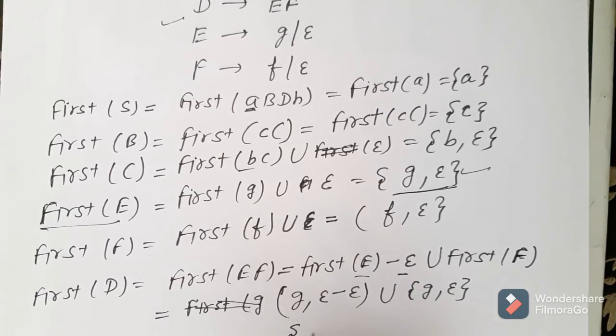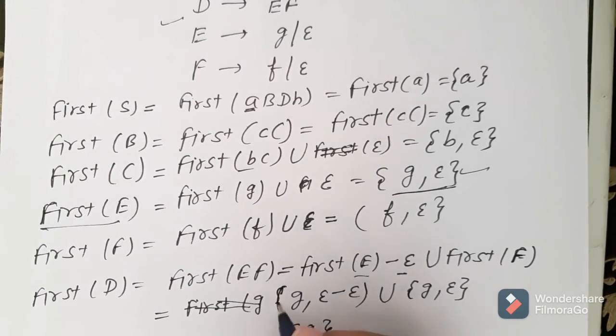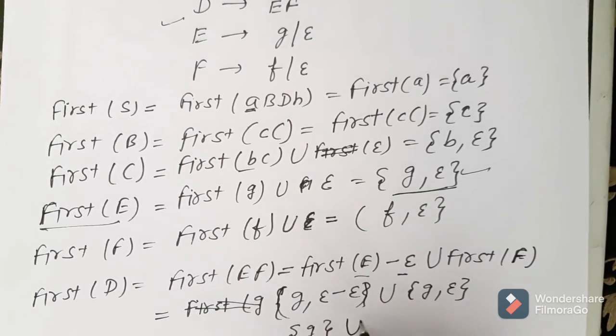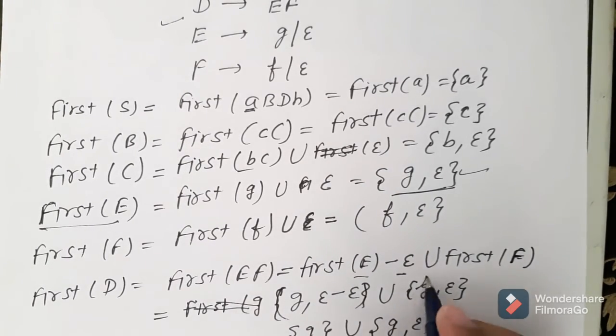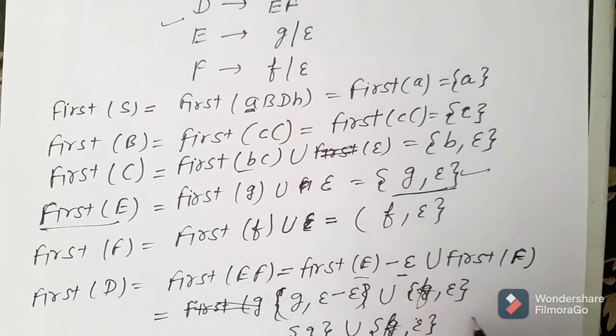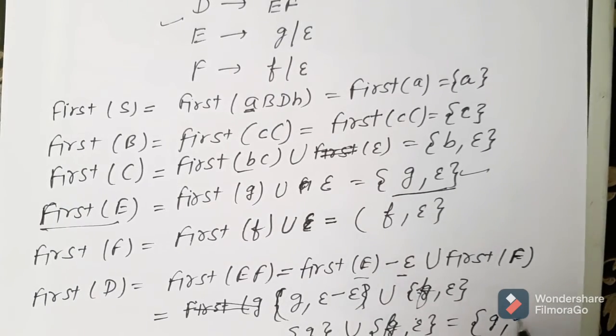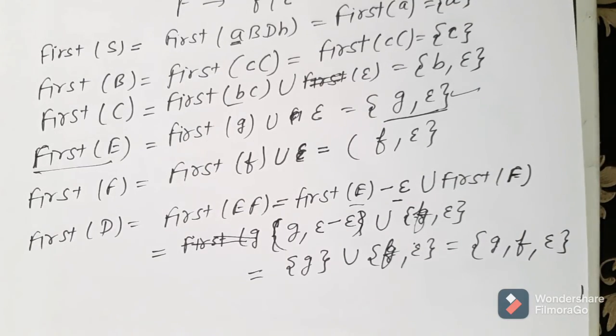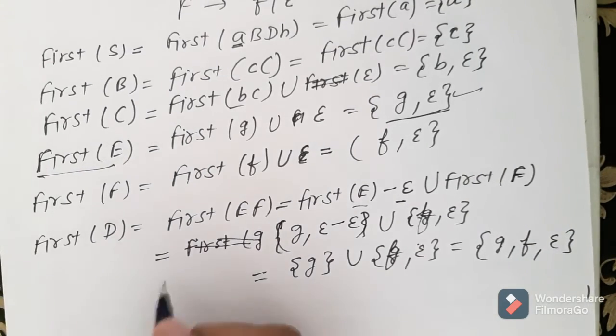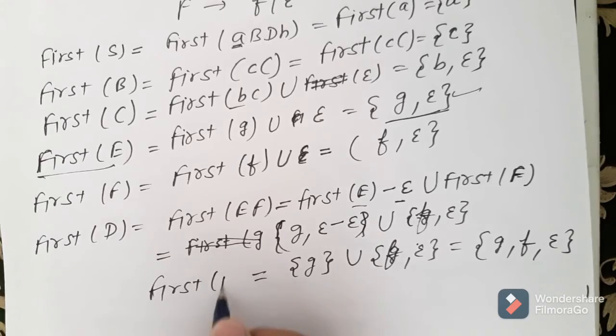So here I will write G union F and epsilon. So this is the first of D.